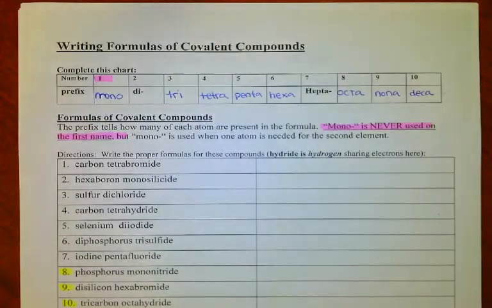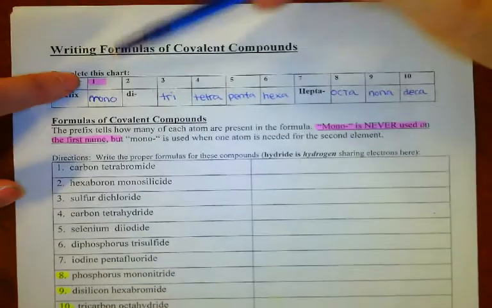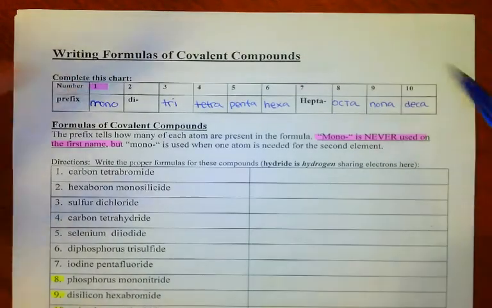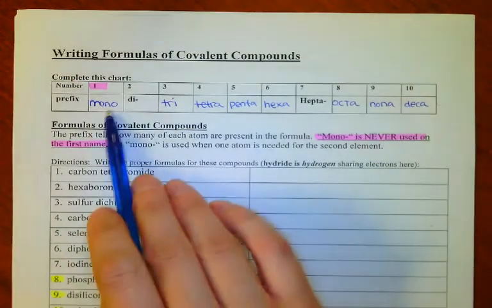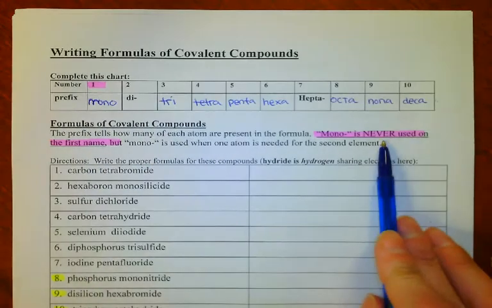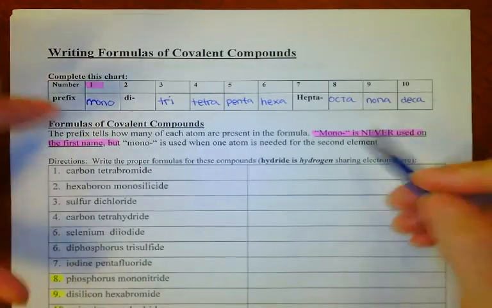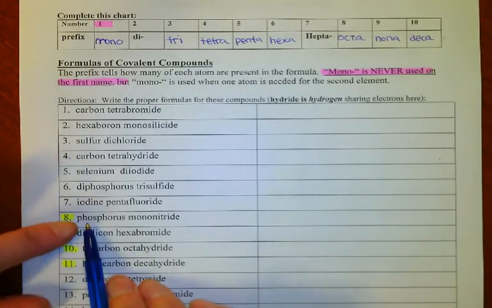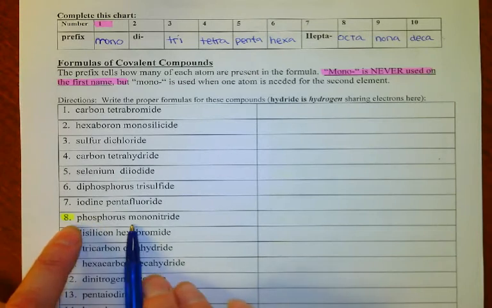Okay? So let's look at a couple of these examples. The first thing I did was I highlighted the number 1 in red, because I want you to remember only 2 things get mono in high school: the second element, and high schoolers that share water bottles, right? So mono is never given to the first element. Okay? So phosphorus with no prefix means 1.